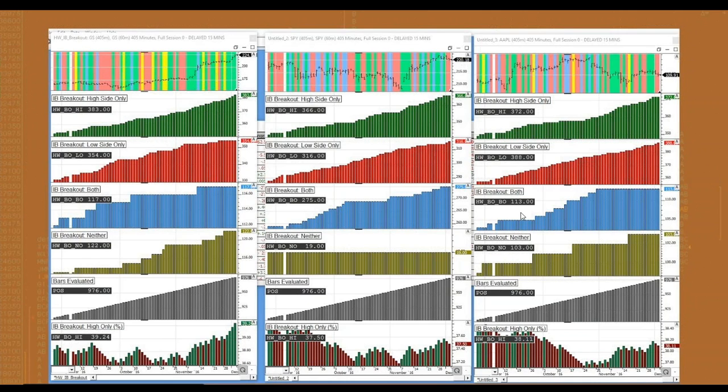So this is actually very powerful, meaning that if you see a range extension in one direction, it's very unlikely that it's going to extend in the other direction. And almost never does; this is 12% in Goldman Sachs, 1.9% in the SPY, 10% in Apple, where it would extend neither the high nor the low.